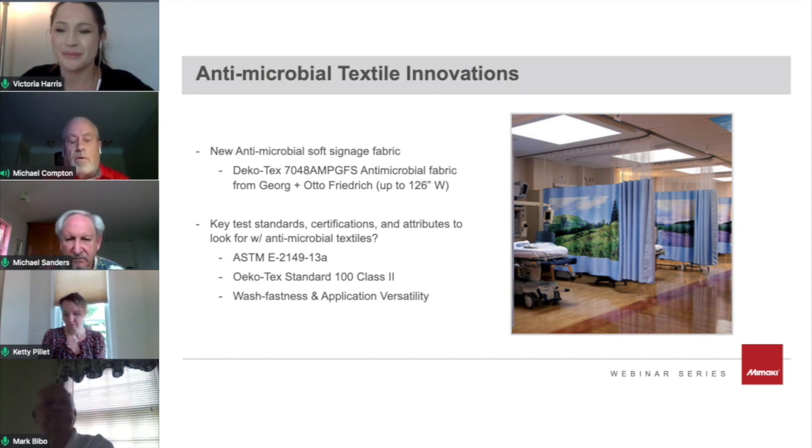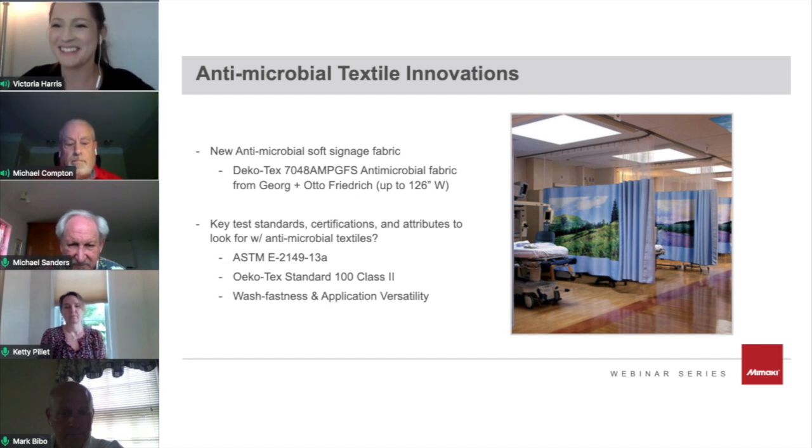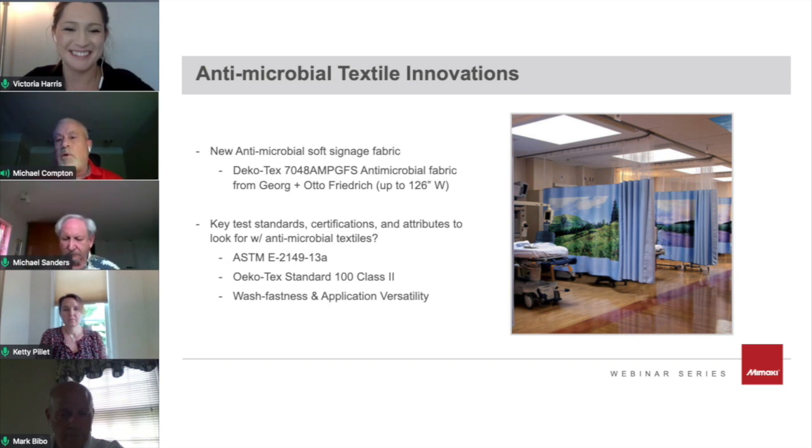Again, this is a fabric from George and Otto Friedrich. It's tested to a lot of certifications. And if you'd like me to go through that, I'd be happy to do that. Please. Okay. So one of the first certifications, and again, I'll just point out this fabric is going to be in our inventory in June, so it's getting close.